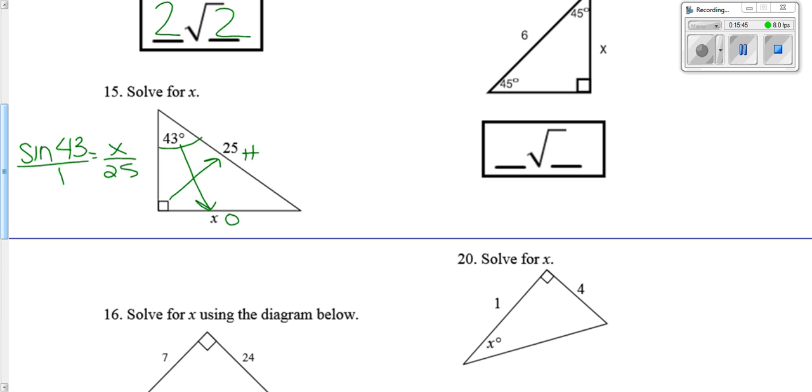Set up as our proportion, cross multiply. I get x equals 25 sine 43. So x is 17.049.